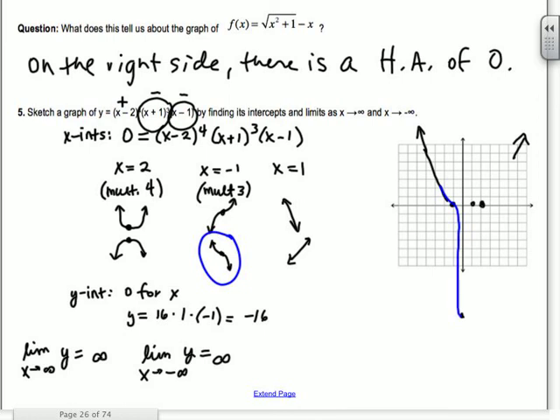So then you go down, and it might go past that point, but that's where it's crossing the axis. And then it comes back up, and it goes through 1 like a straight line. And then it comes down, and it's going to go through 2 with multiplicity 4. So it's going to come down, and it's going to flatten out a little bit, and then pop back up. So that's kind of what that graph will look like. Crazy.